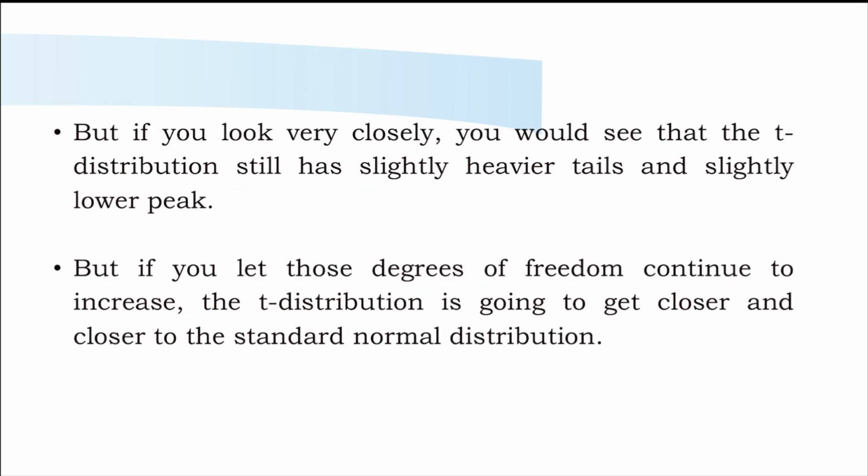But if you look very closely, you would see that the t distribution still has slightly heavier tails and a slightly lower peak. But if you let those degrees of freedom continue to increase, the t distribution is going to get closer and closer to the standard normal distribution.